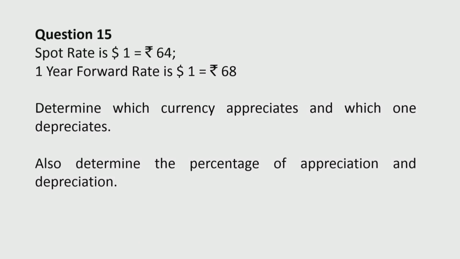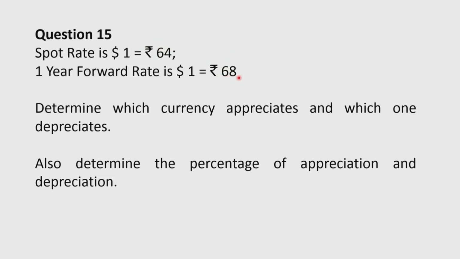Let us first talk about the appreciation rate of US dollar. For that, just compare the price of dollar now and price of dollar after 1 year. So the price of dollar right now is 64. It is expected that the price of dollar will become rupees 68 after 1 year. Why it is expected? Because the quoted forward rate indicates the same. So 64 is going to become 68. The increase will be by rupees 4, correct?